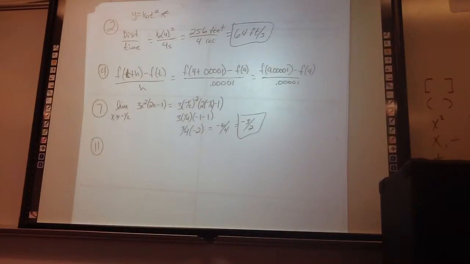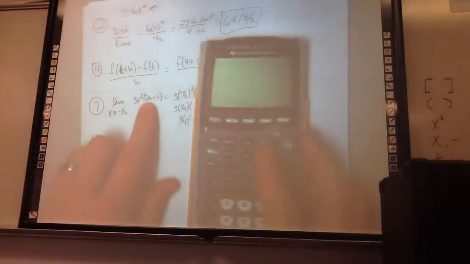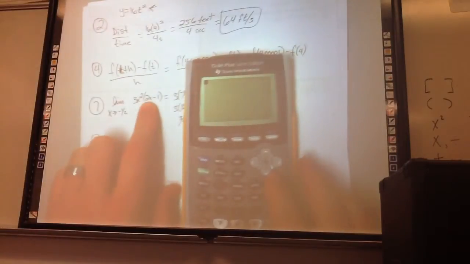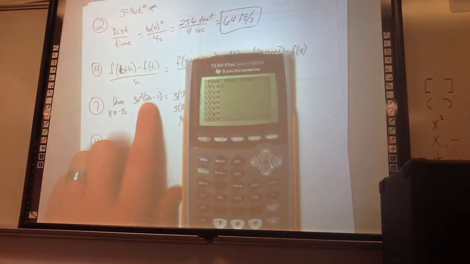Number 11 is 0? Why didn't we get 0? Because negative 3 squared is 9, plus 12, and 4 times negative 3 is negative 12, plus 3, and when you add all that together, you get 0. Is it a subtraction? Oh, is it minus 12? Oh, duh.